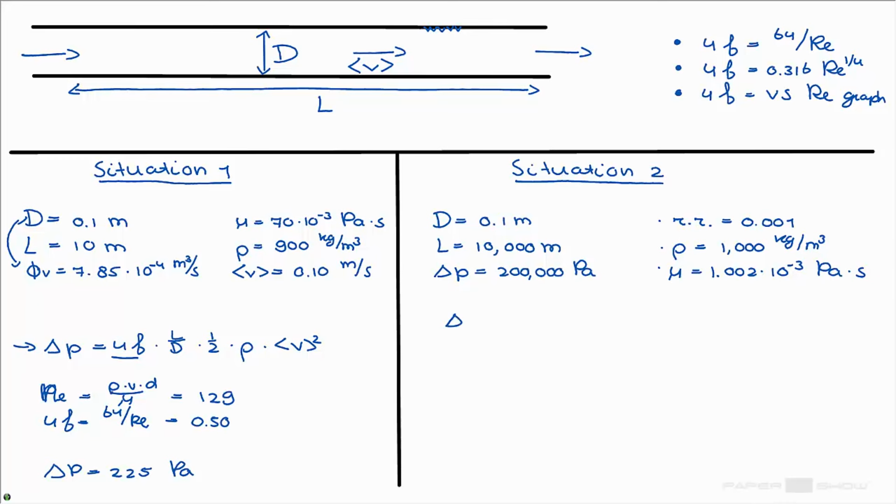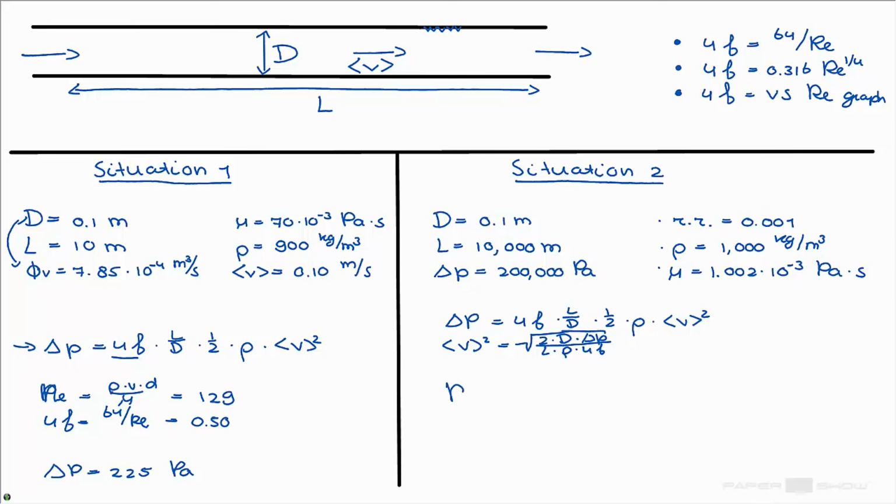Now again, I have to use, not surprisingly, the Fanning equation, which looks exactly the same as in situation 1. But now we are looking for the velocity of the liquid, so I'm going to rewrite it into this form. It's just the same equation, but now written for the velocity.